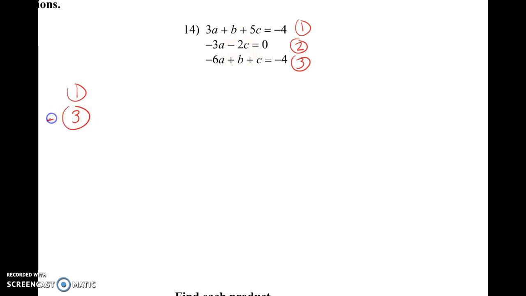So I'm going to multiply equation 3 by a -1. So equation 1 stayed the same. I have 3a plus b plus 5c equals -4. And when I multiply equation 3 by a negative, I'm going to get 6a minus b minus c equals +4.